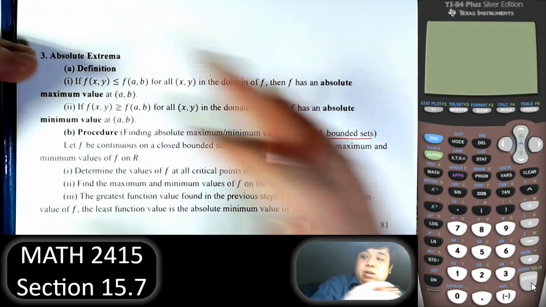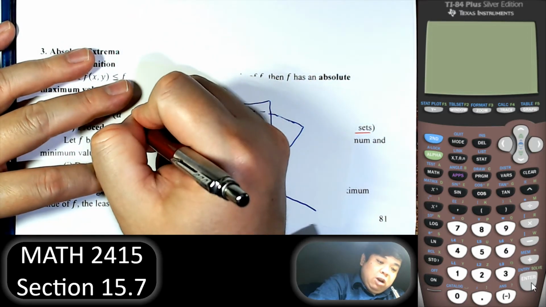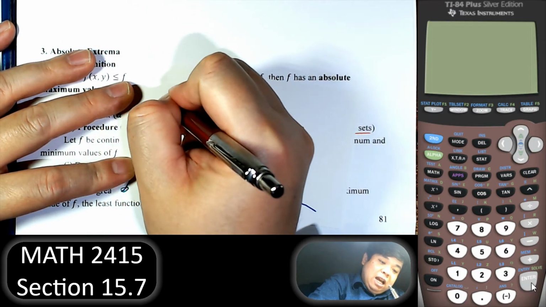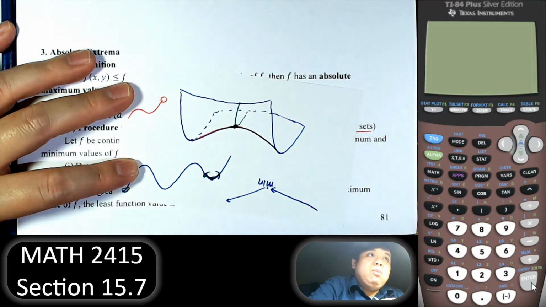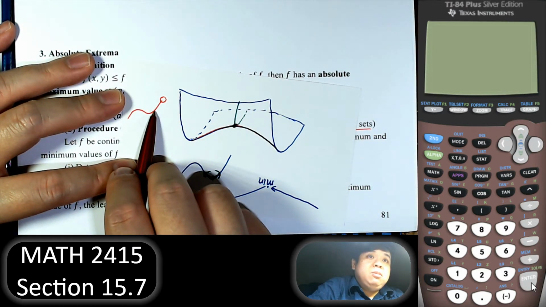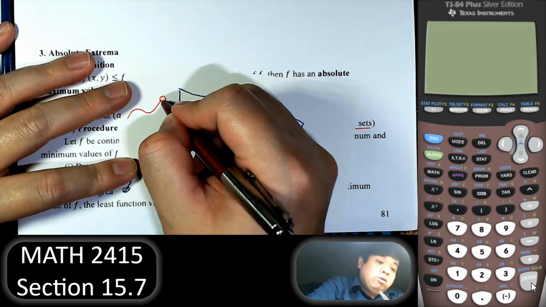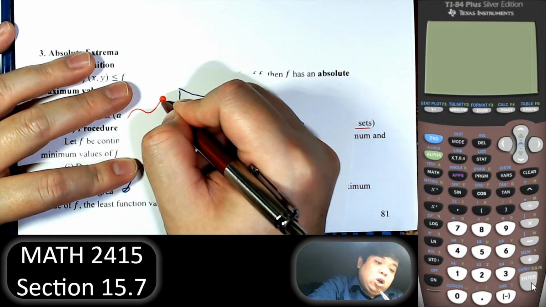If it's unbounded, or if the function goes like this and an endpoint is missing a point, in that case there's no maximum. So we require the function to be continuous on a closed and bounded set.